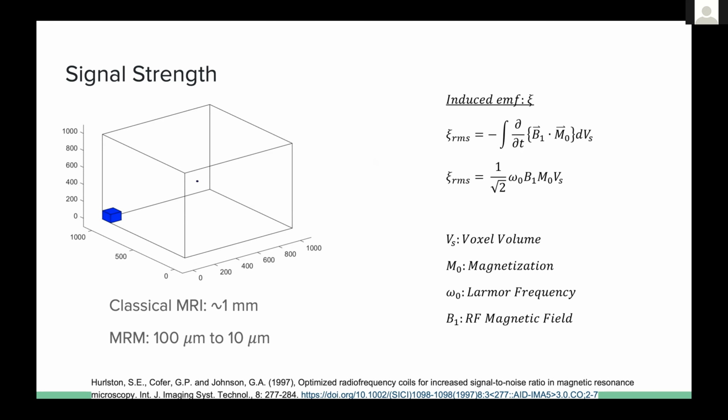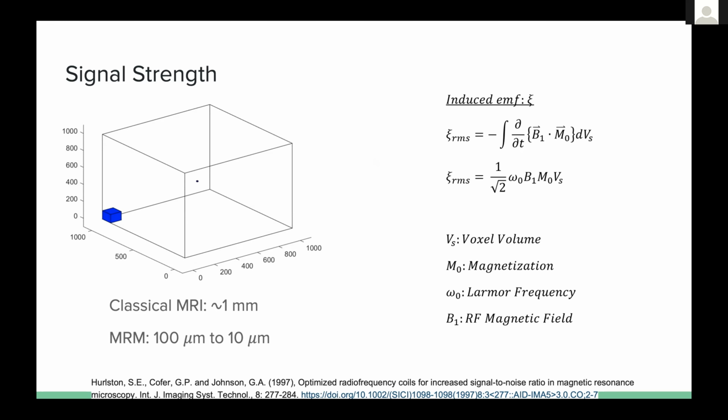So as you can see in the induced EMF equation, there are a couple of factors that we can consider, like the magnetization and the Larmor frequency, which both come from your main magnet. Just as in your clinical or classical MRI, you want to have the strongest magnet possible, but you can only make it so strong.